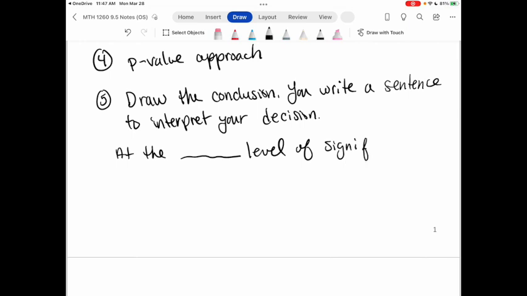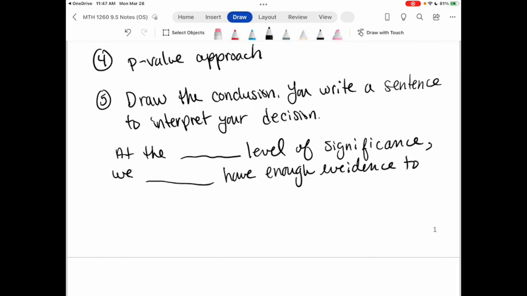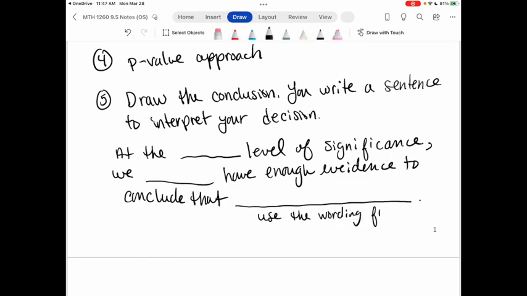So you're going to write at the blank level of significance, and then in the blank you're going to put do or do not have enough evidence to conclude that, and then you're going to use the wording from the problem.